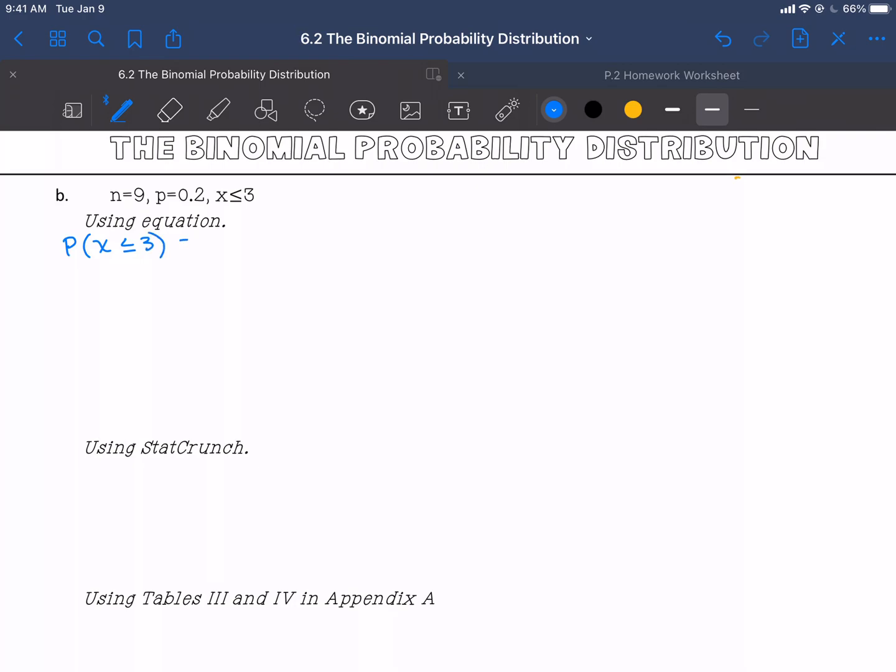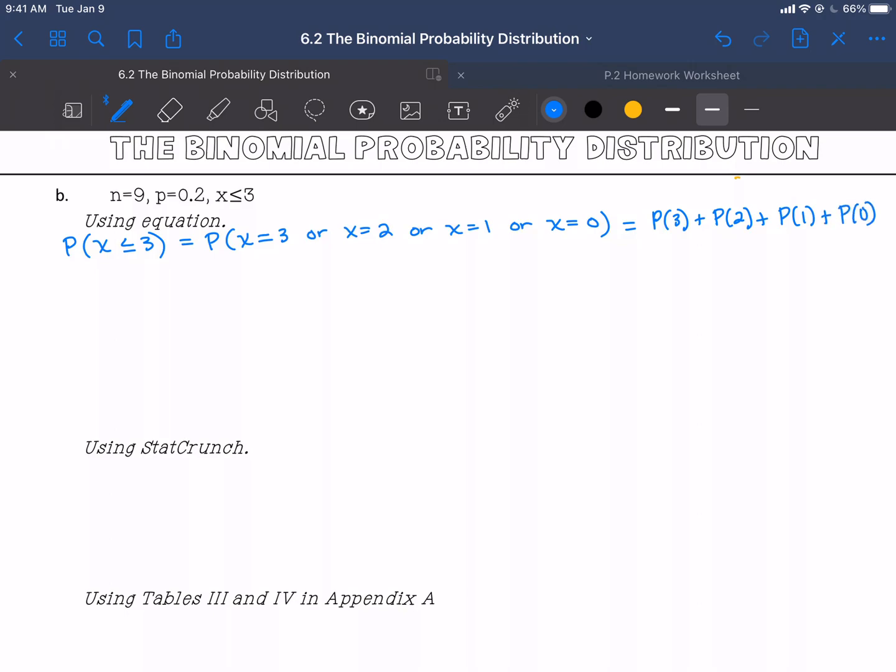Well, that means we're looking for the probability that x is equal to 3, or x is equal to 2, or x is equal to 1, or x is equal to 0. And we're just going to use the addition rule since these are independent here. So we're really finding the probability that it's 3, plus the probability that it's 2, plus the probability that it's 1, plus the probability that it is 0.